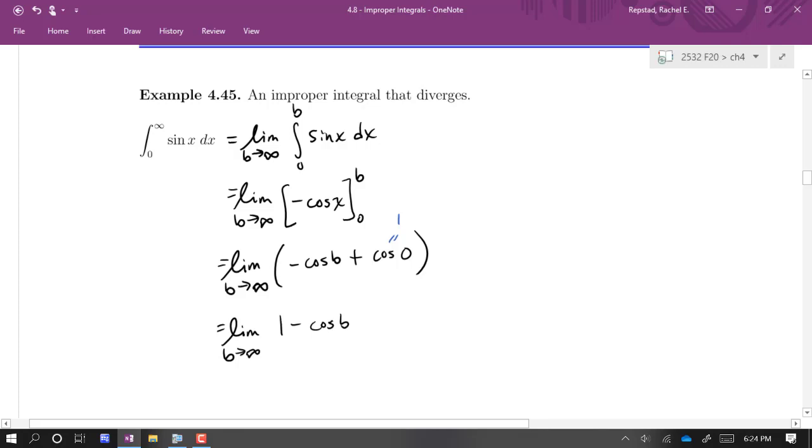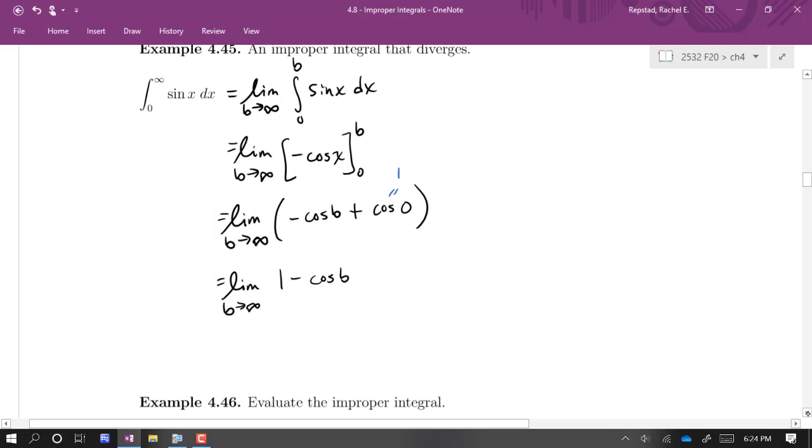All right, now let's see what happens. If we let b grow without bound, what happens to the cosine function? When you think about the cosine function, one of the first images that appears in your mind is the graph of a cosine function. And the cosine function is periodic, right? It looks like this, and it just keeps going like that forever. It doesn't settle on a value. It doesn't converge to a single value.